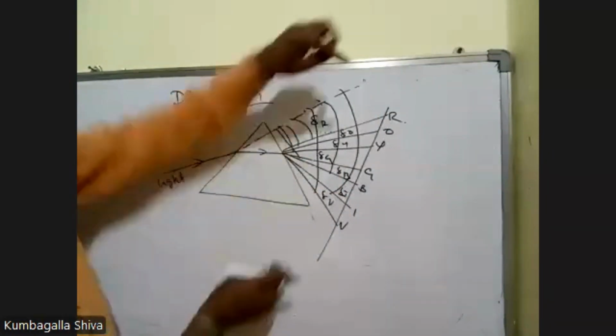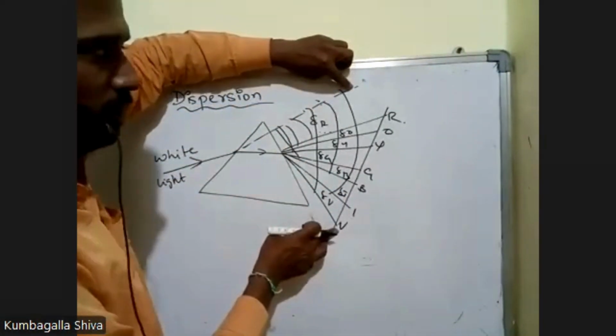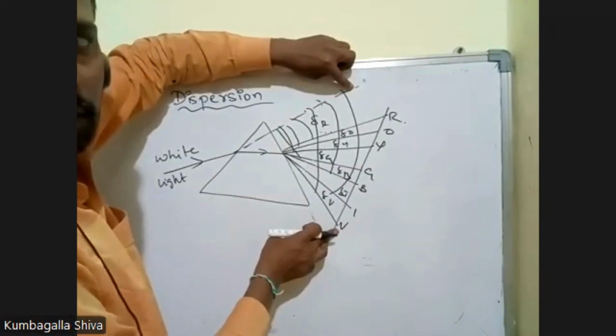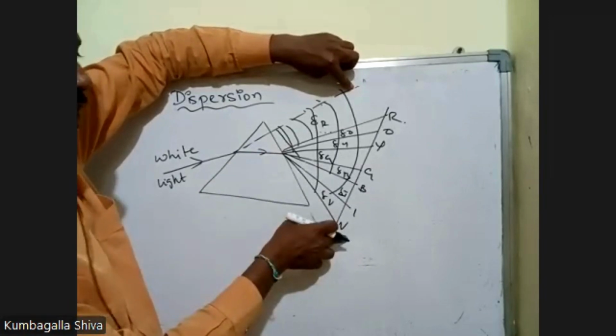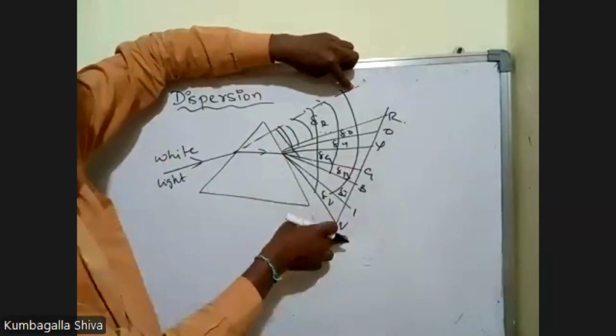You can see that maximum deviation is for violet color. See the incident ray and the violet color, what you're seeing is the maximum deviation, right? The incident ray angle, you're getting the maximum.